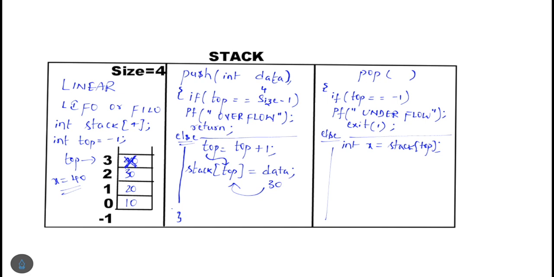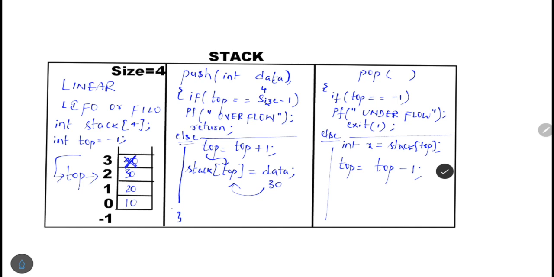Now what should we do? The top we need to decrement because we don't want to work with the index value 40 here. We popped it out, so we need to immediately update the top to the next available index position, which is 2. That requires decrementing top from 3 to 2, a decrement by 1 operation. So top is equal to top minus 1.